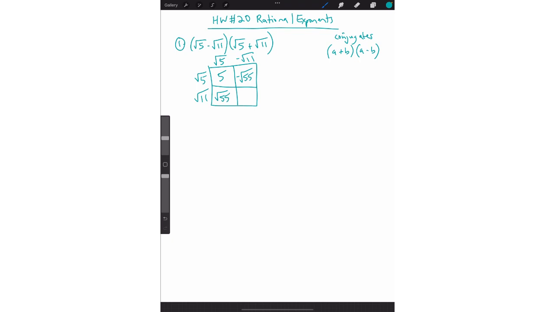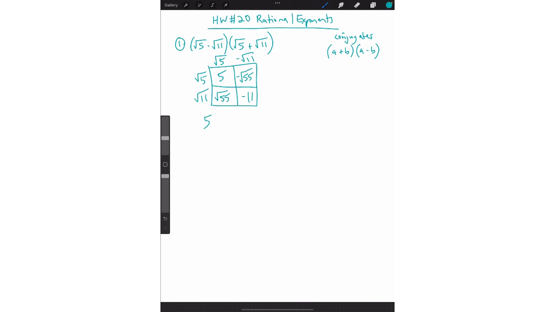And then I have negative square root of 11 times negative... I'm sorry, square root of 11 times negative square root of 11, which will give me negative 11, keeping that negative sign there.